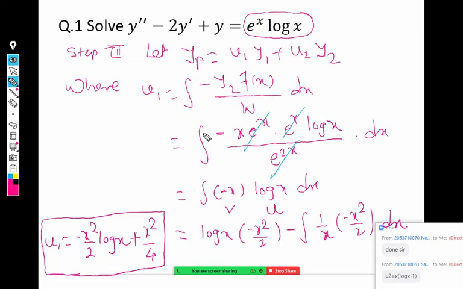Or you can try u2 also side by side. Those who have not finished, write it. If you have a doubt, it's welcome. You should ask the doubts. It will become more interactive then. And I also come to know where you have exactly the problem, so we can discuss that in more detail.